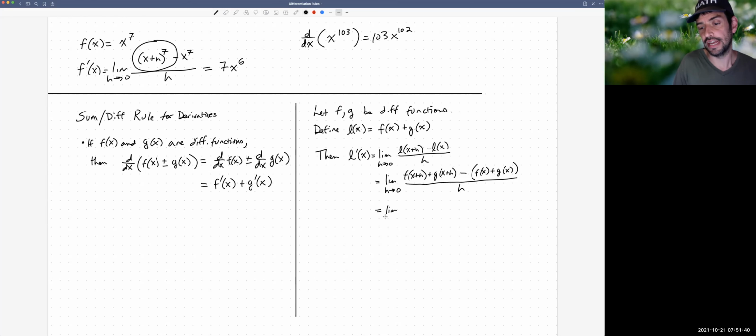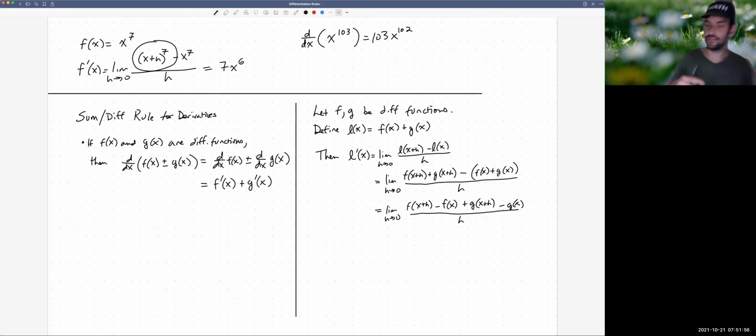All right. So now let's just do a little bit of algebra. I can rewrite this as f of x plus h minus f of x plus g of x plus h minus g of x, right? So I distributed that negative to both terms, and then I did a little rearranging.